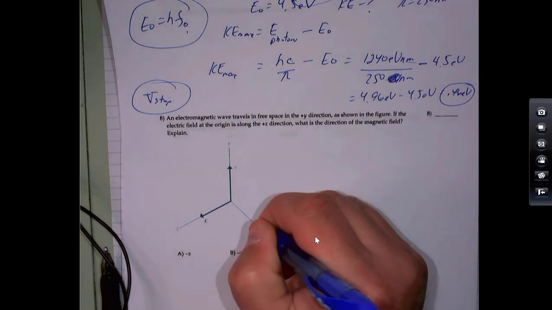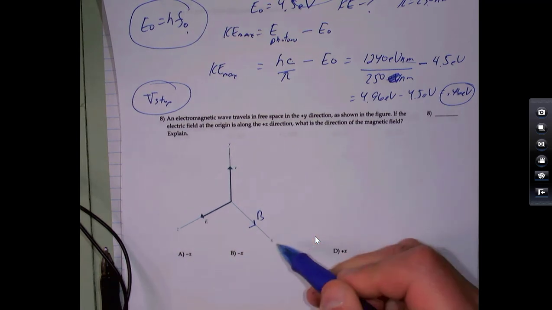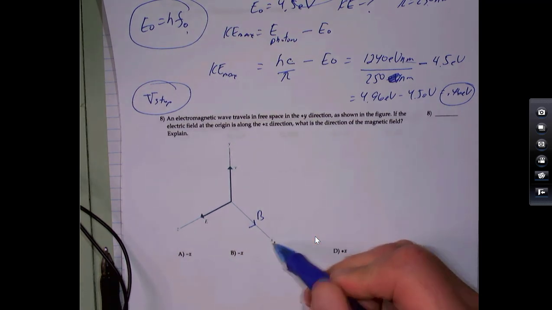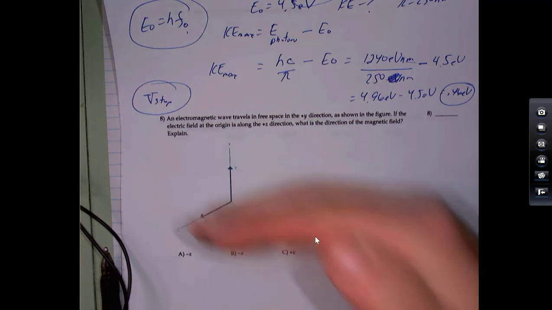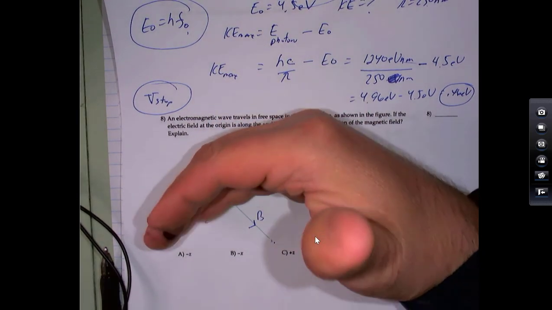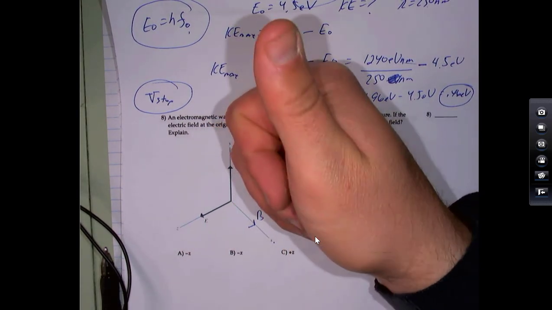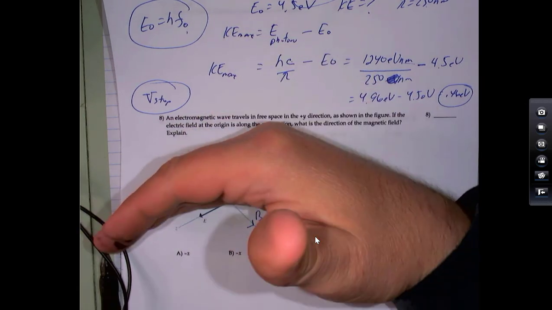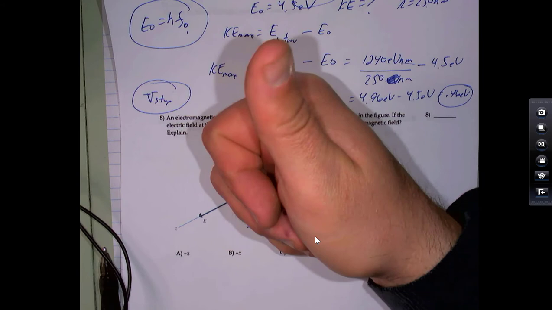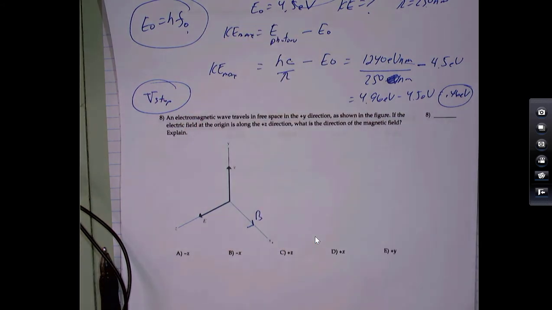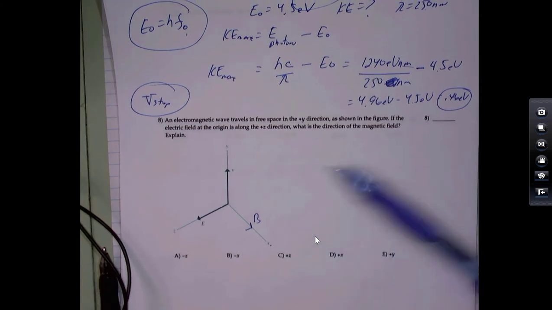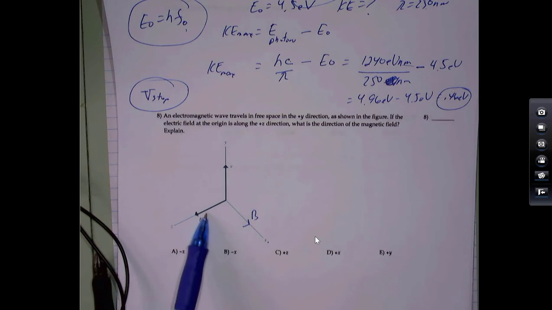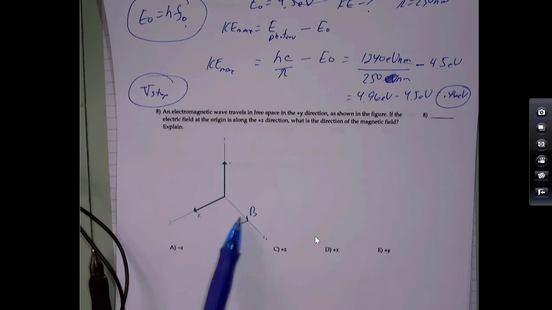Turns out B has to be this way, along the positive x-axis, because if you take your hand at E and cross it over to B, your thumb gives the direction that the wave is actually traveling. It's hard to show this on a one-dimensional piece of paper showing 3 dimensions, but imagine E, cross your fingers over to B.